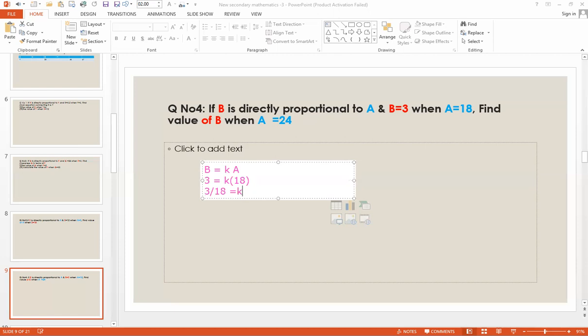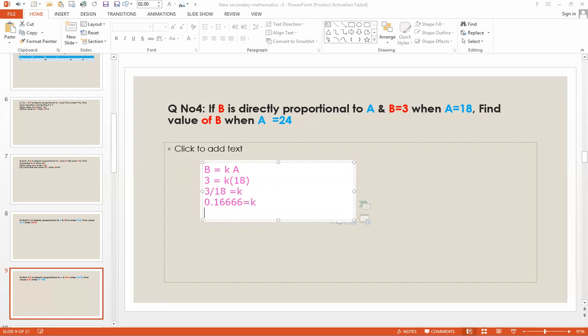Here, just divide 3 by 18 and you will get 0.1666, okay? That is the value of k.